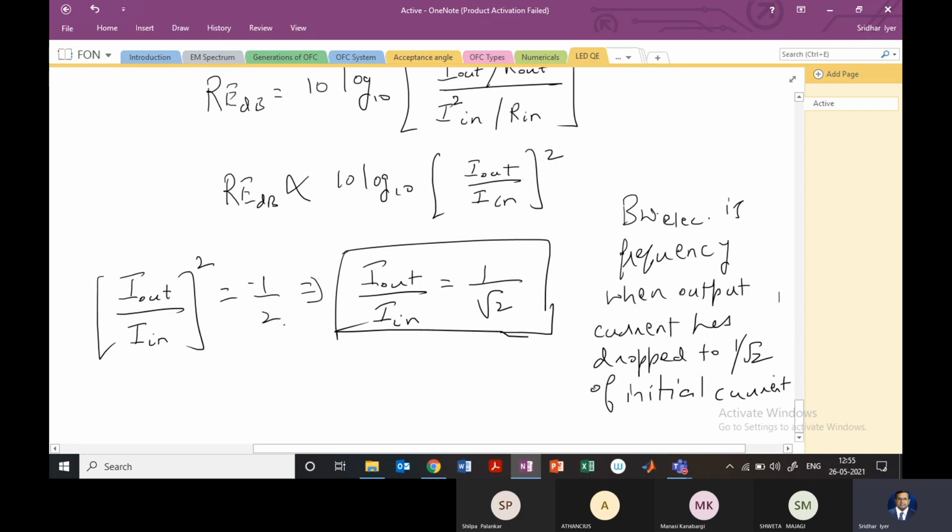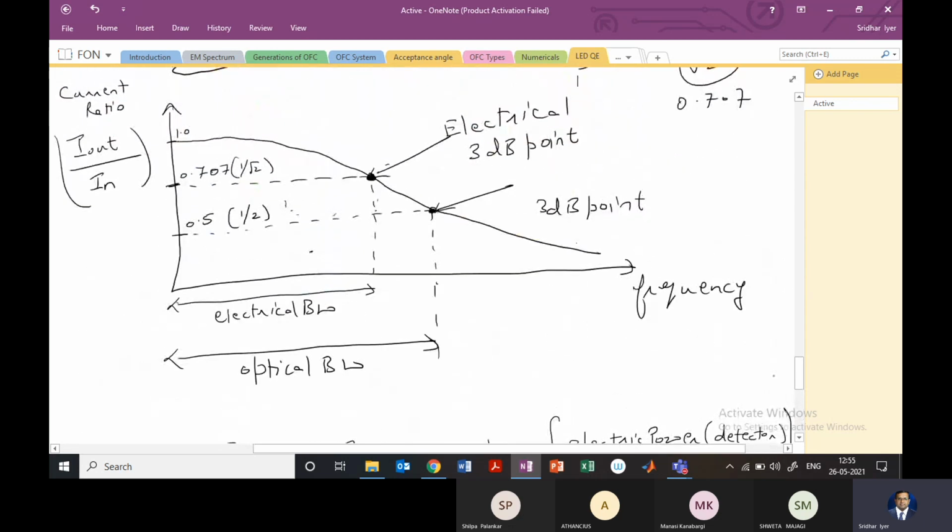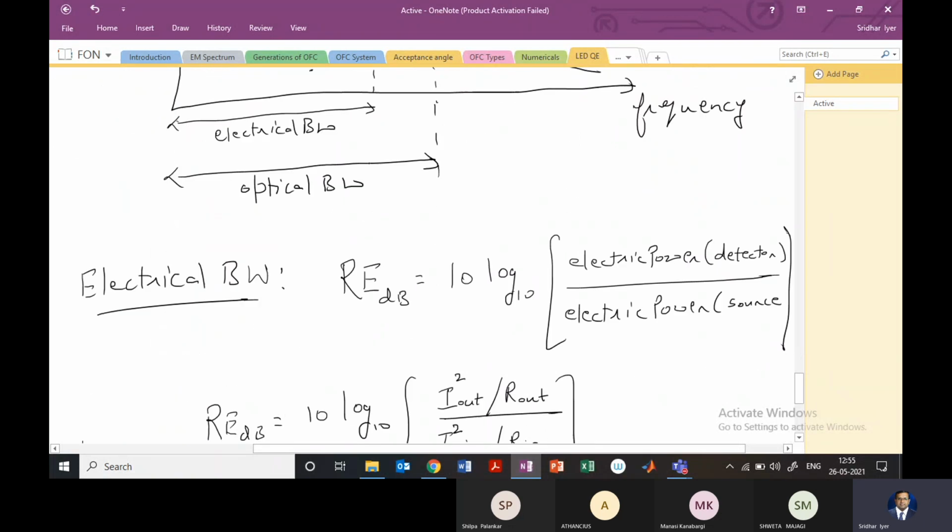Now if I scroll up to that graph, you will see that we have taken the 1 by root 2, that is the 0.707 value, at this point which I am darkening. That is why we have called this the electrical 3 dB point.